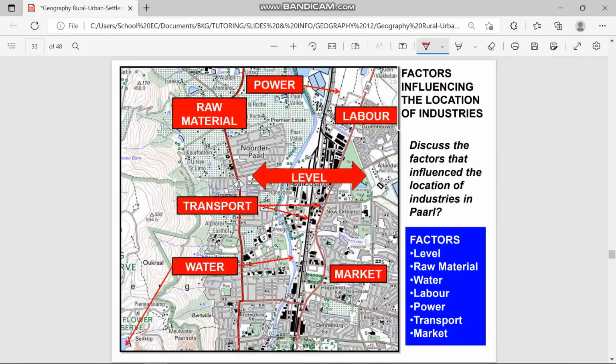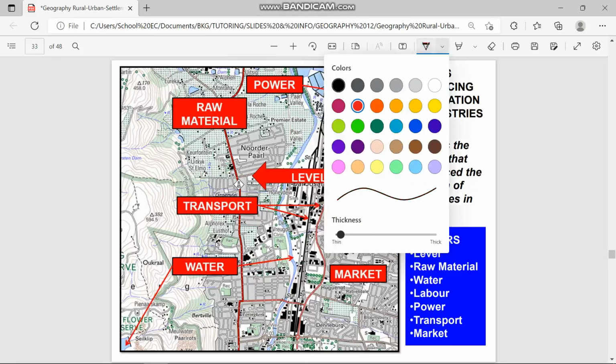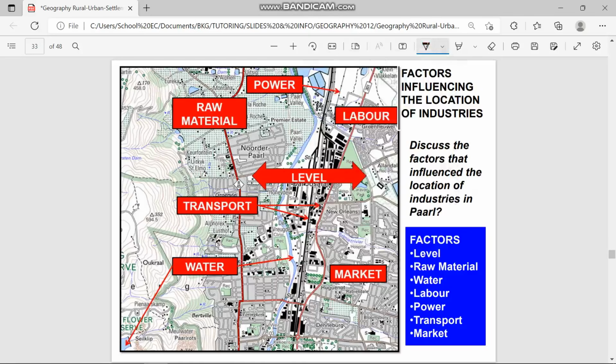Okay, let's move down. You can see on our map the factors that influence the location of industries. In order to place your industry, you must look for these features. It must be near a river, for water, so that you can receive water to work.